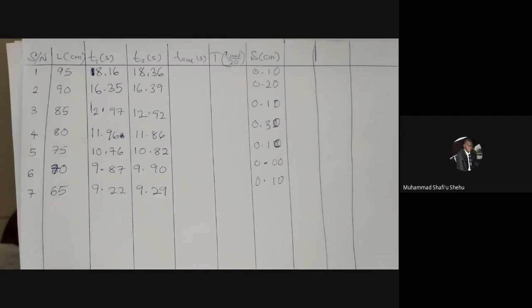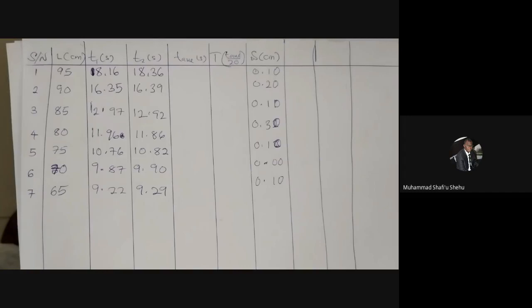Let's say, for example, our initial length before attaching any load at 90 centimeter is 38 on the vertical meter rule. And then after attaching load, it goes downward, it is depressed, and then we took it back to that initial length, which is 38, and then allow it to swing for 20 oscillations.